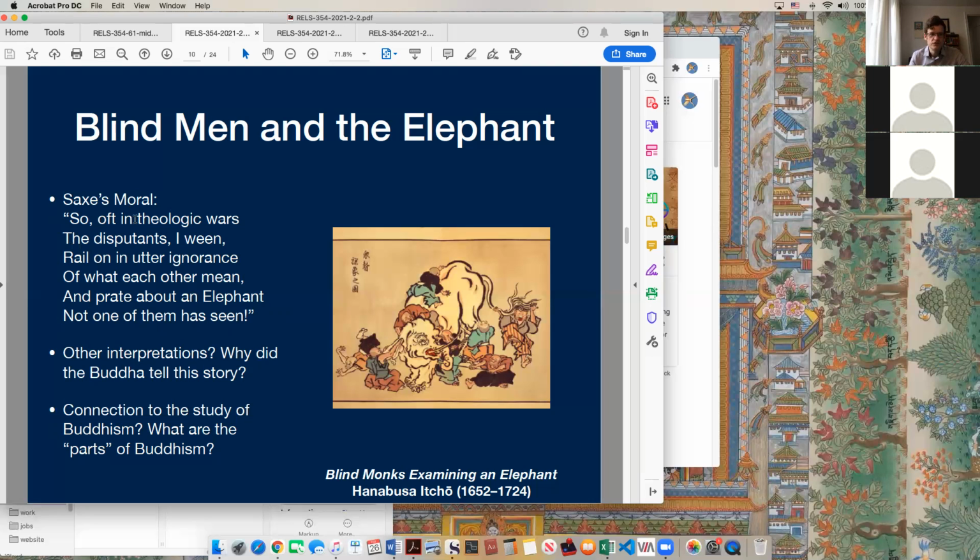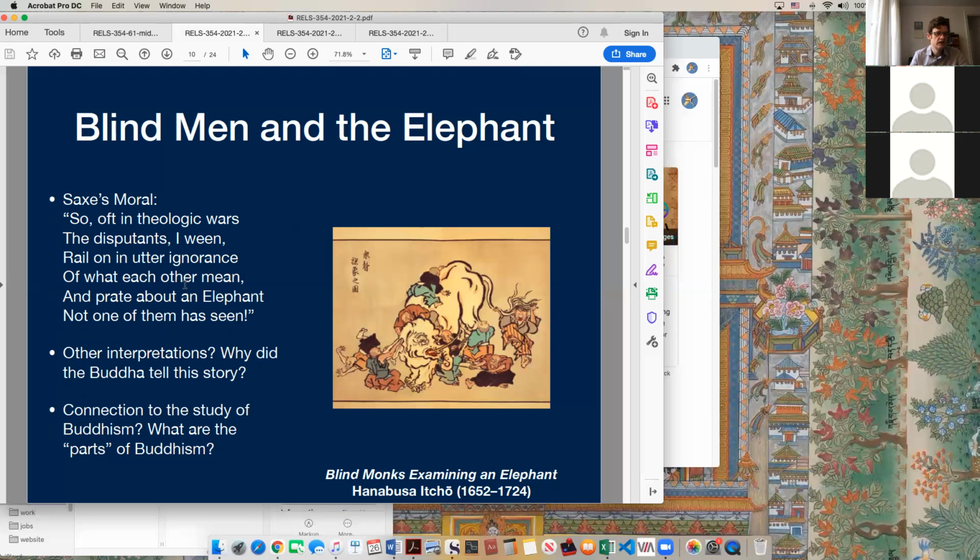And you touch the trunk and you say the elephant is very much like a stake. And Steven touches the tusk and says the elephant is very much like a spear. And so we're all correct in a way from our very specific perspectives. But by saying that our very specific perspective applies to the entire elephant, we are actually missing the point. You see what I'm saying?